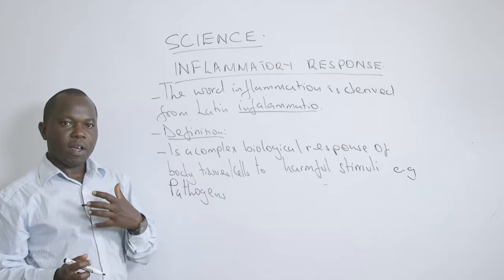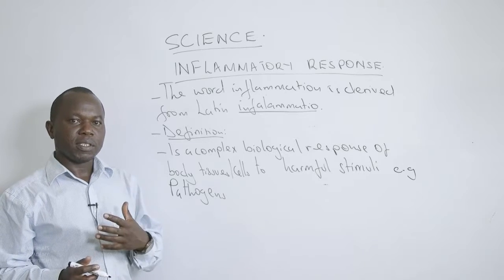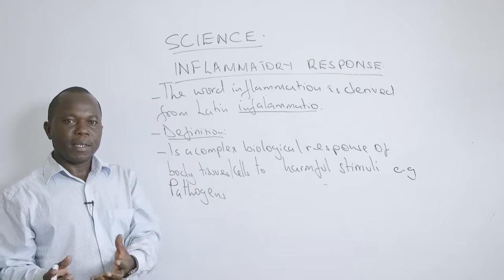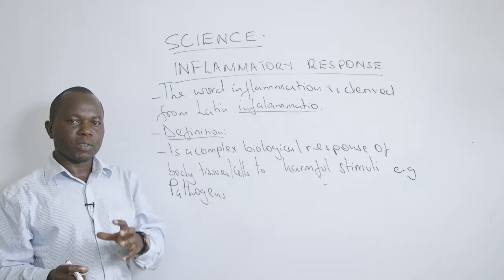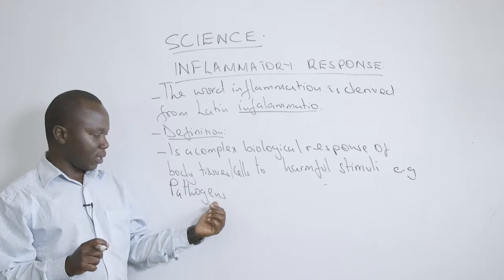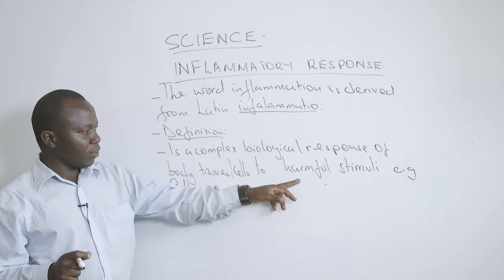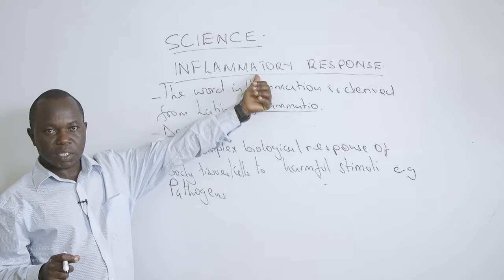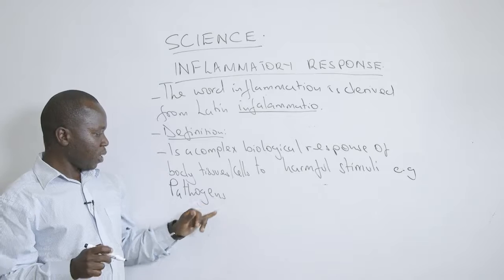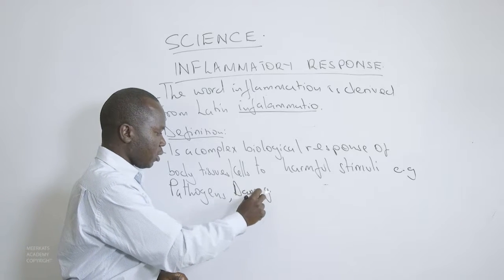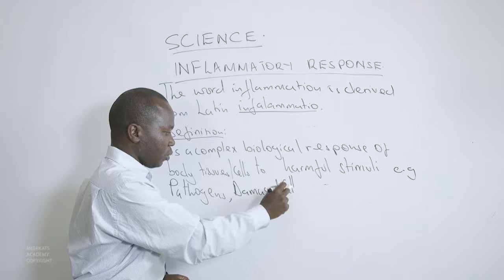So if a pathogen has been transferred from either a medium or from an infected person to a healthy person, and then that healthy person acquires the pathogen, that is a harmful stimuli, it's going to produce inflammatory response. So we have pathogen, damaged cells or tissues.